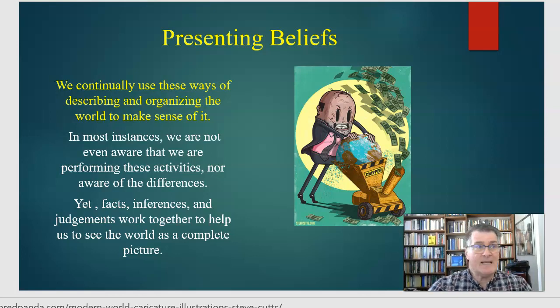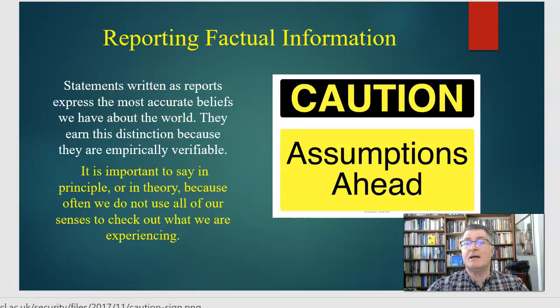Now, that's not to say that we're ignorant or we're speaking blindly. It's good to know that we can identify these different types, these facts, inferences, and judgments, because then we can turn around and describe the world more carefully. It's not that we can't. We just try to do it using factual information. That's really kind of the long and the short of it.